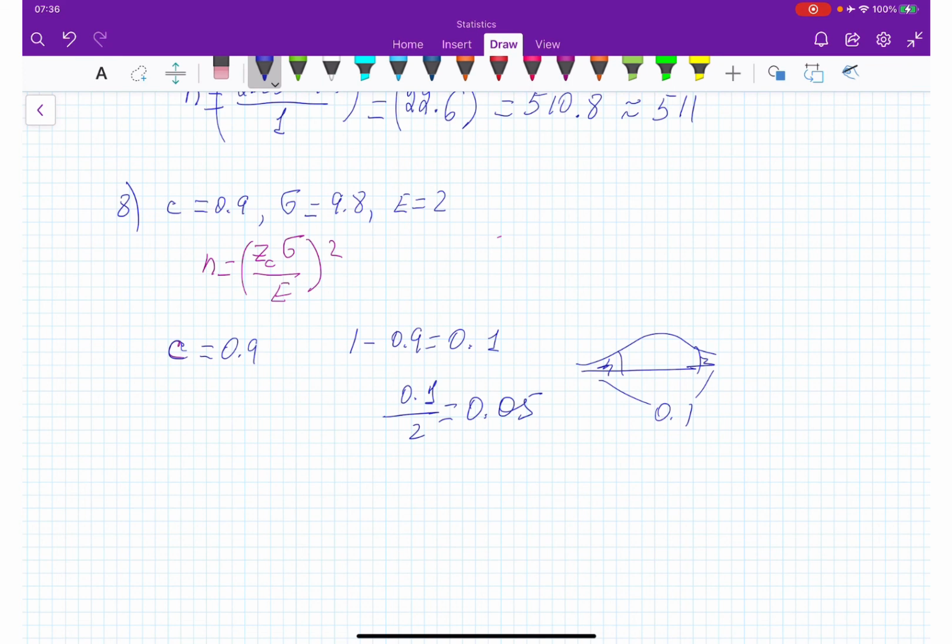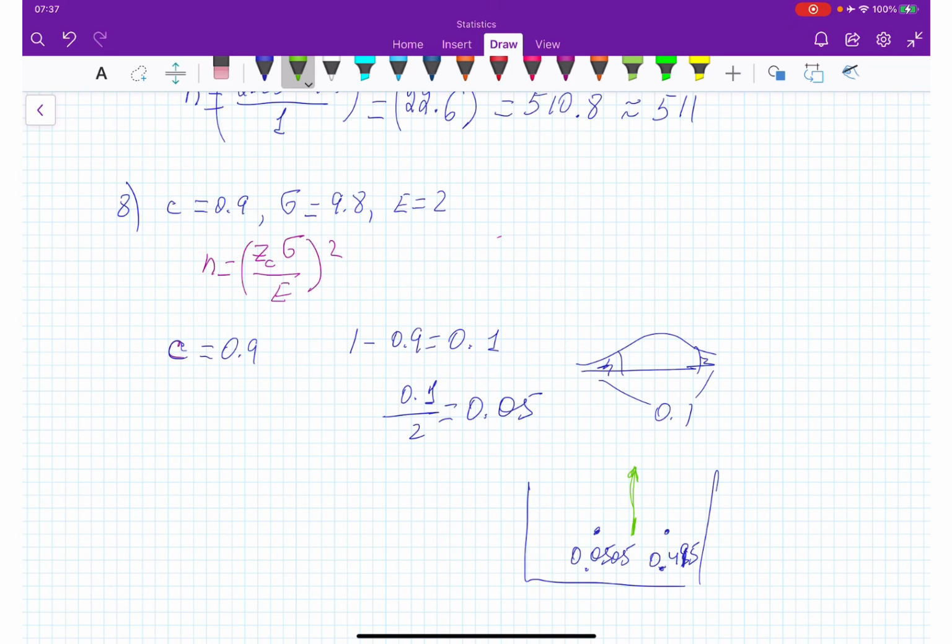Then we need to go find 0.05. Let me see how much it's going to be. The closest one I am looking for, it's going to be between 0.0505 and 0.0495, which are equal distances from each other, which means our choice is going to be in the middle, 0.05.